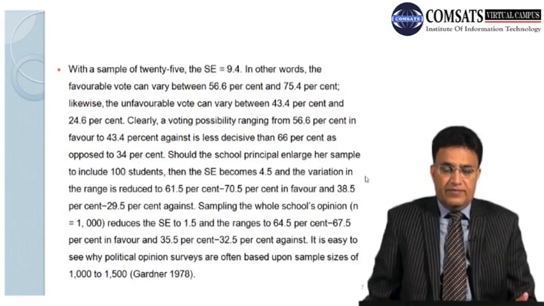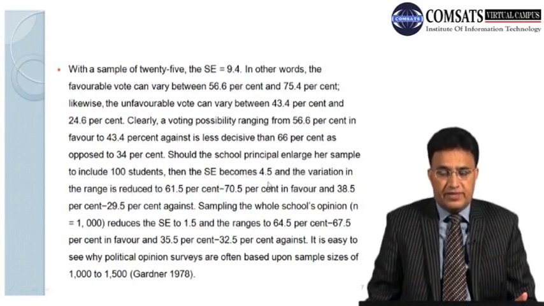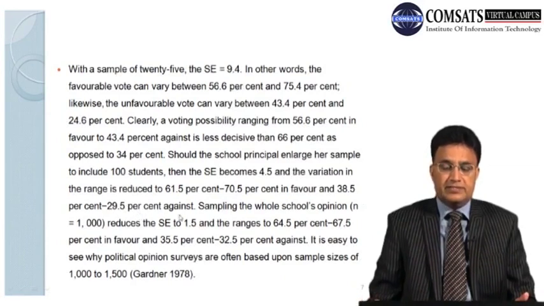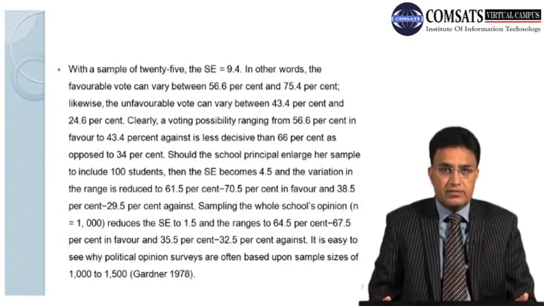If she takes 100 students, then the standard error becomes 4.5 and the variation in the range is reduced to 61.5% to 70.5% in favor and 38.5% to 29.5% against.